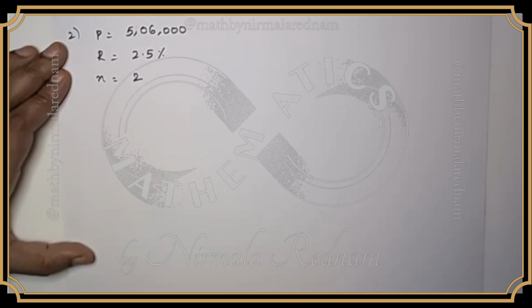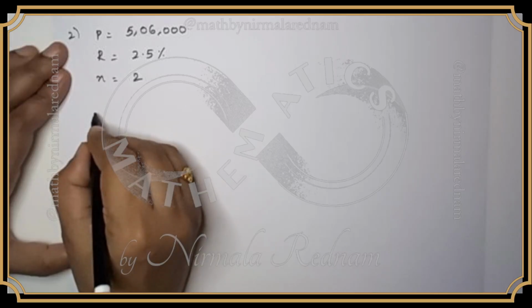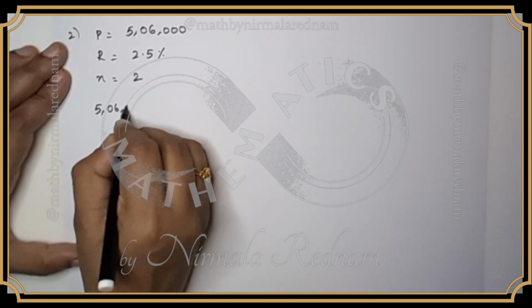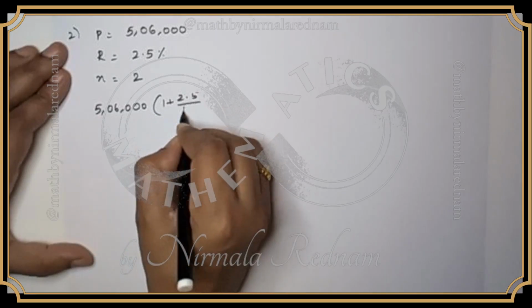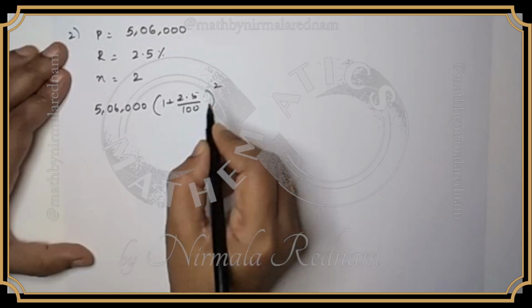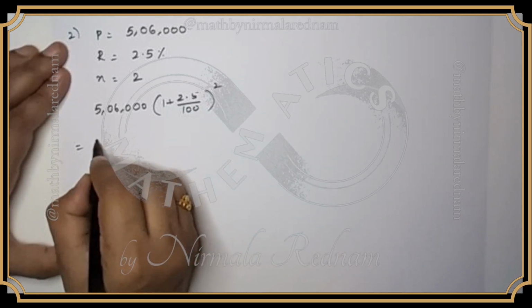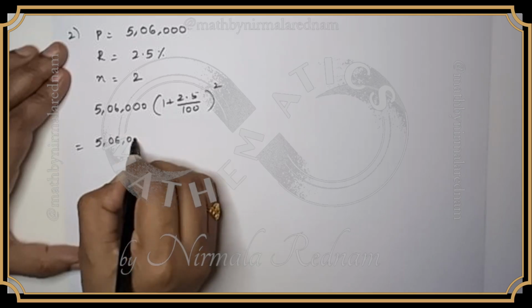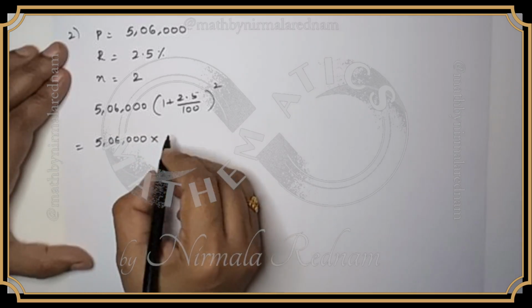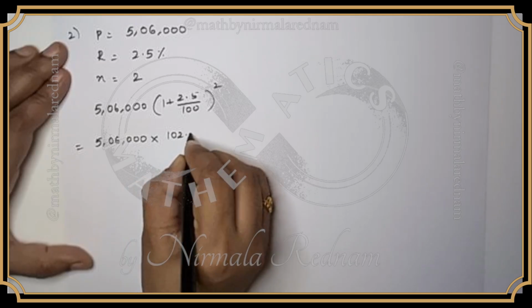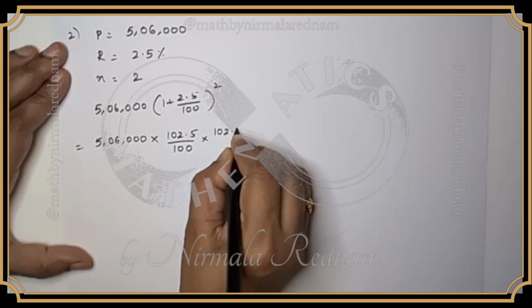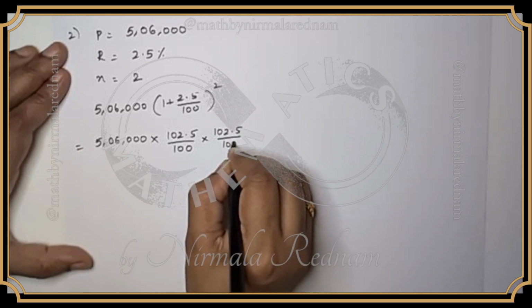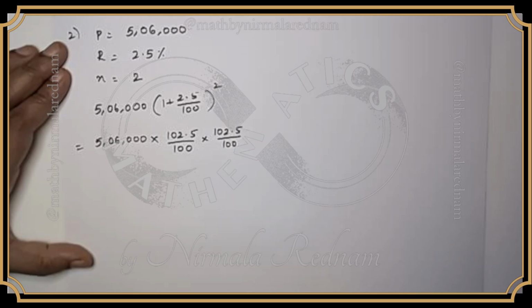So now here we are saying P into 1 plus R by 100 whole power n, which is nothing but 5,06,000 into 102.5 by 100 into 102.5 by 100, right?